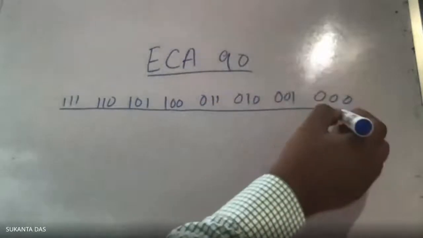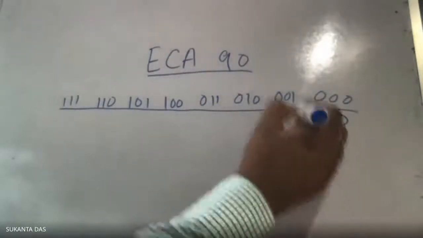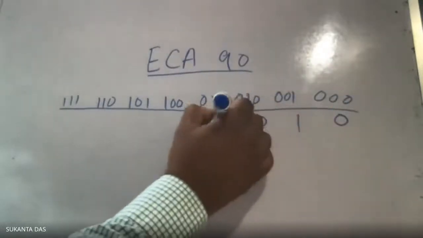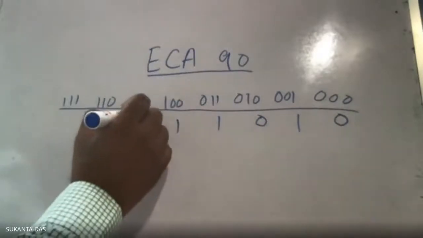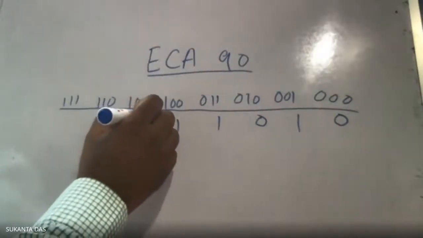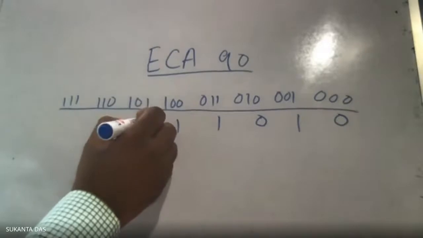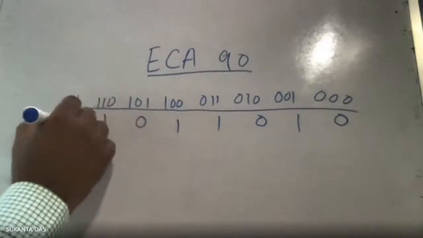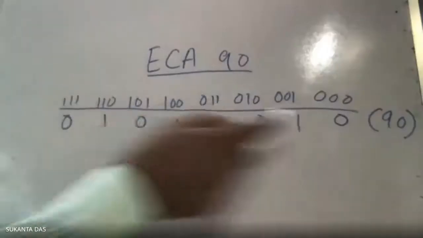In case of 90, the outputs are 0 1 0 1 1 0 1 0. This is rule 90. Last class you have seen it.